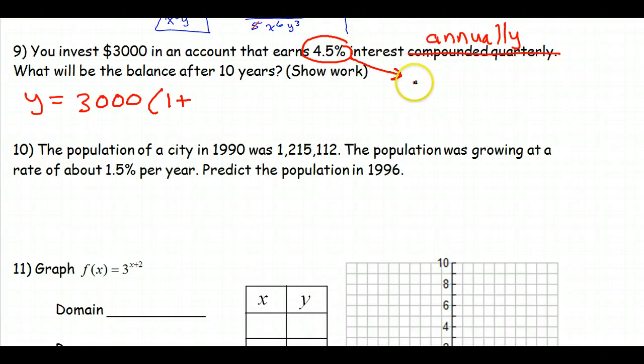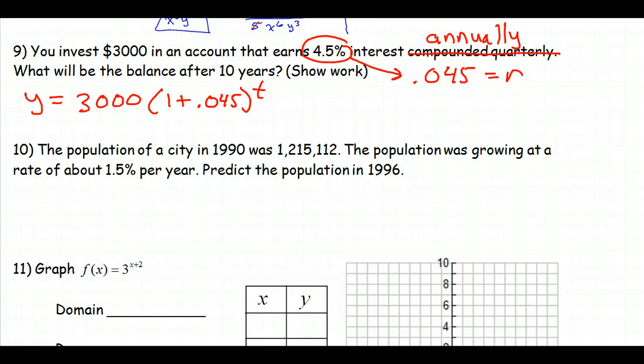So that translates into 0.045. Okay, so that's the r value. So we're doing 1 plus 0.045 to the power of time. Of course, we're not going to leave it as 1 plus 0.045.